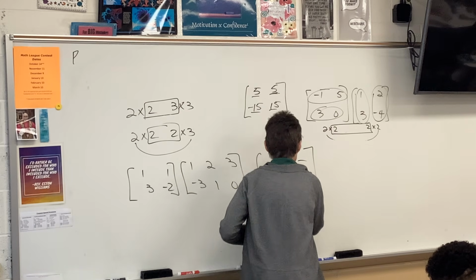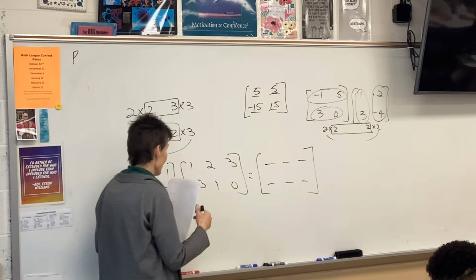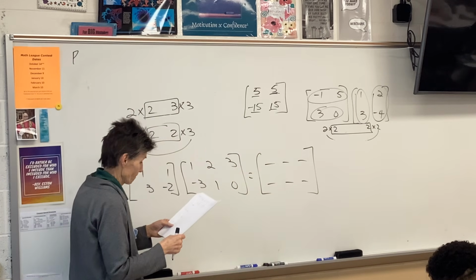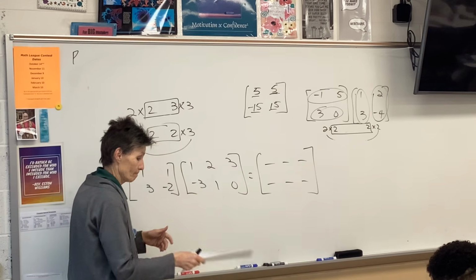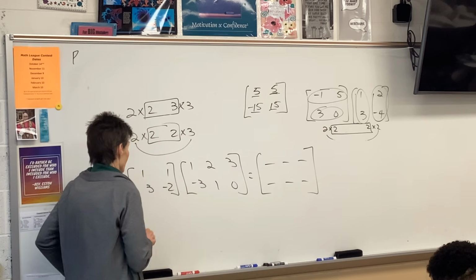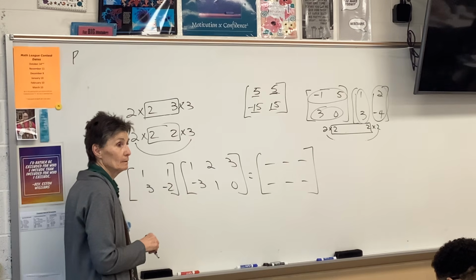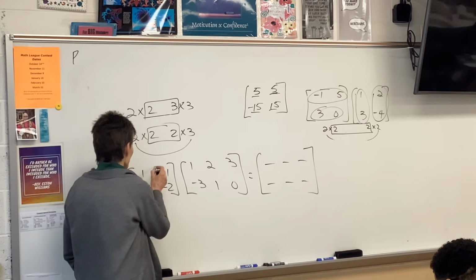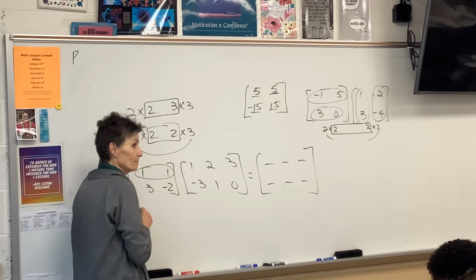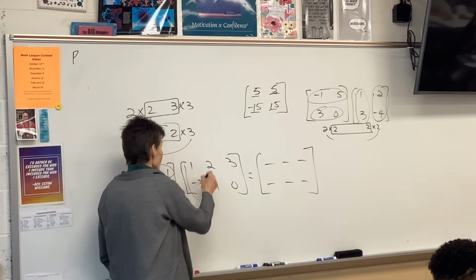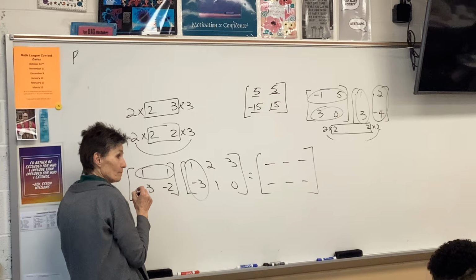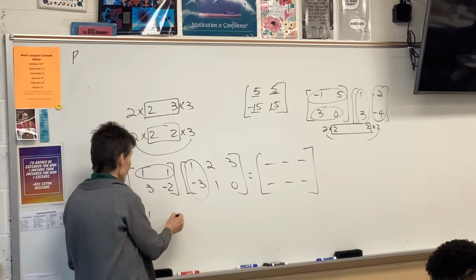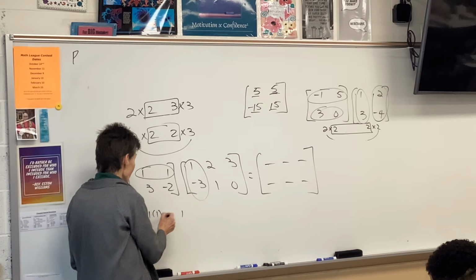So I gotta fill in 6 different blanks this time. Row 1 times column 1. So 1, 1 times 1, -3.